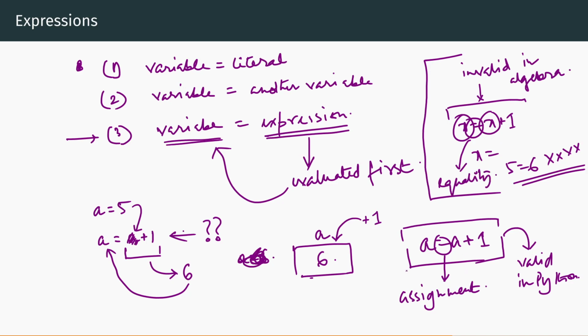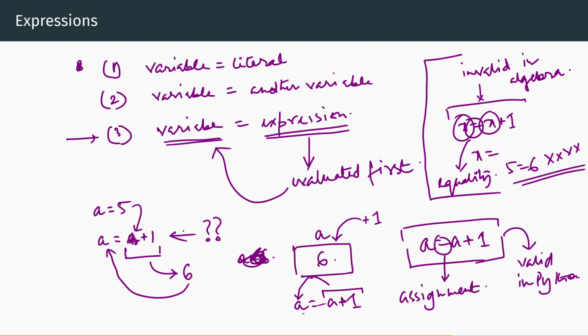There is a difference. An assignment is you assigning some value to a variable, which is why the statement a equals a plus 1 is perfectly valid, because all you're doing is calculating the value of a plus 1 and then assigning the value back to a. This is not equality.